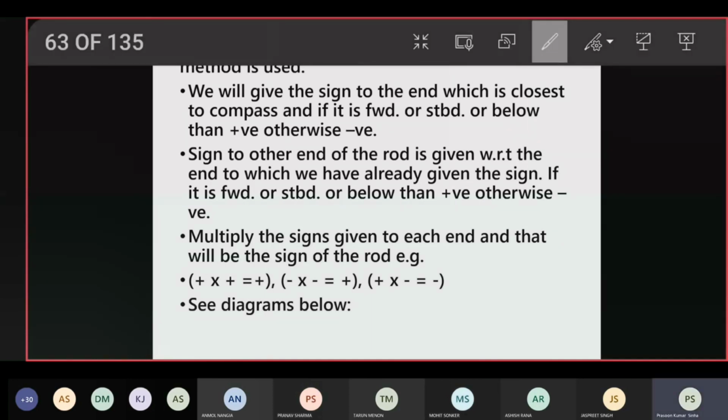As we have seen, the closer end, if it is forward, starboard or below, then it is positive, otherwise negative. That means aft, port or above. One end has been named. Second one is getting named by the same rule.